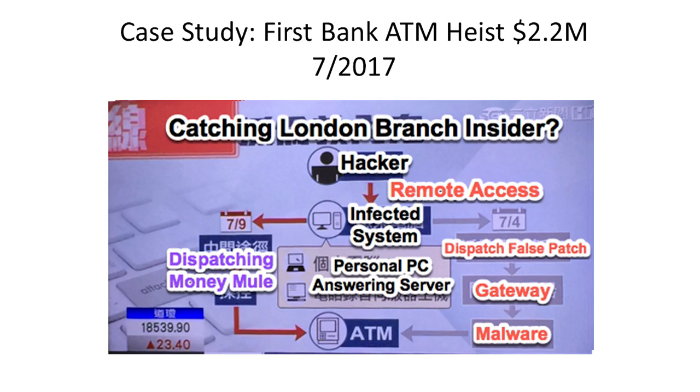A few days later, TV news reported that Taiwan's FBI started to interview the key clerks of the First Bank London branch. It was reported that the affected First Bank ATMs somehow received malware as a software patch from a server at their London branch.